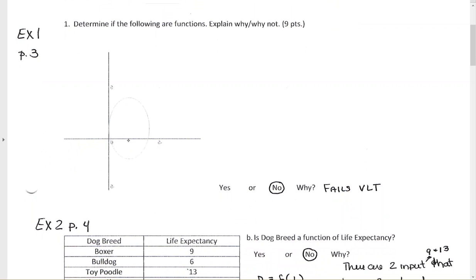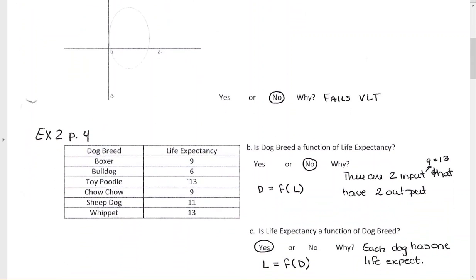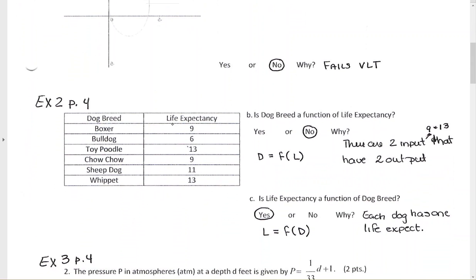So for the first one, it fails the vertical line test, so it is not a function. For the second one here, is dog breed a function of life expectancy? So F of L, that's going to be on the right-hand side, and the dog breed, D, is going to be on the left side.